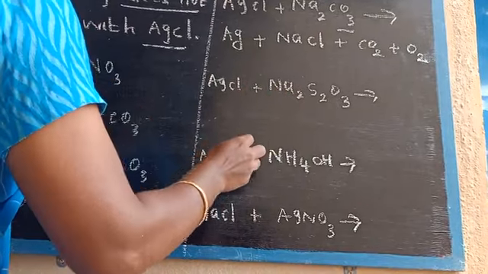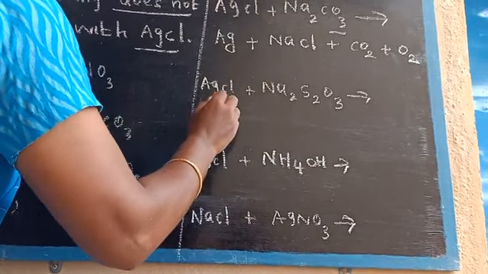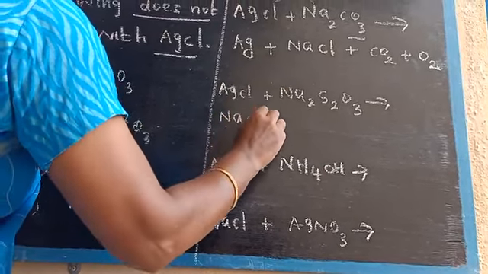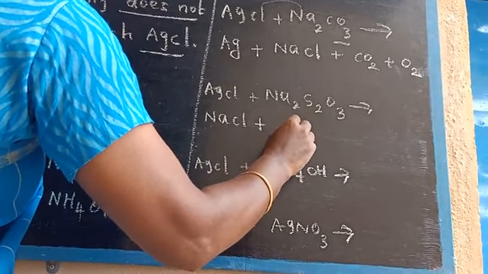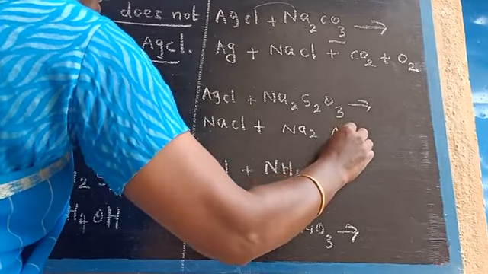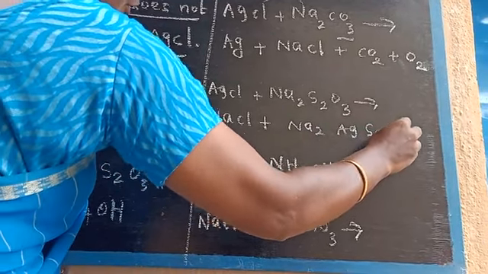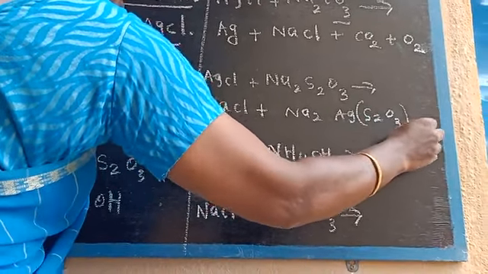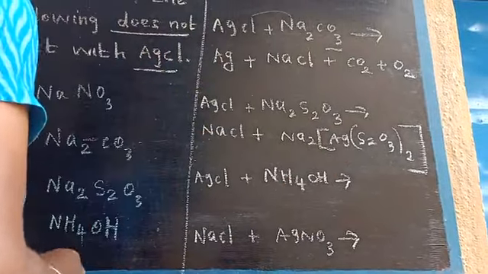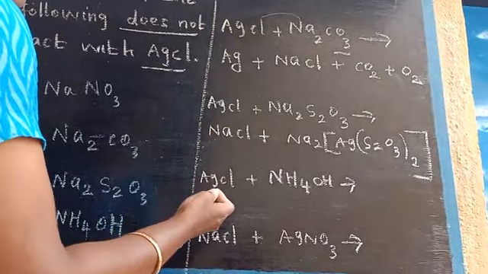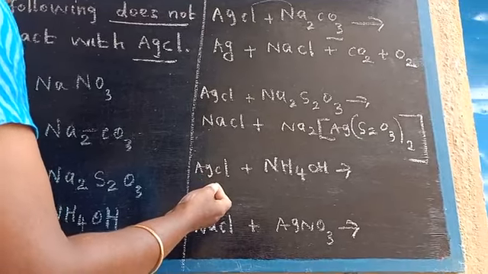AgCl plus sodium thiosulphate: the product is NaCl and the next product is Na3[Ag(S2O3)2], a complex compound. Next, it reacts with ammonium hydroxide to give the product.